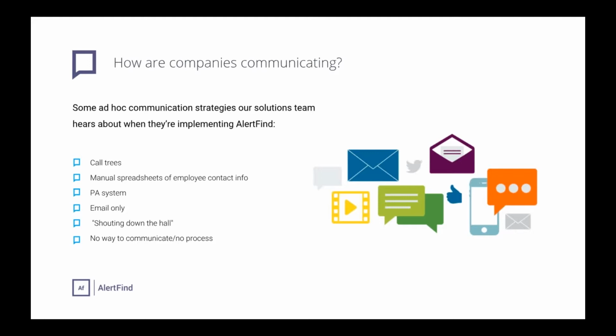Or also common, no way to communicate or no process to communicate in an emergency. And there are a lot of ways that you can organize your existing communication infrastructure to send emergency alerts, but they tend to rely on a series of manual processes which require a lot of time and coordination on the part of the person tasked with enacting the emergency preparedness plan.